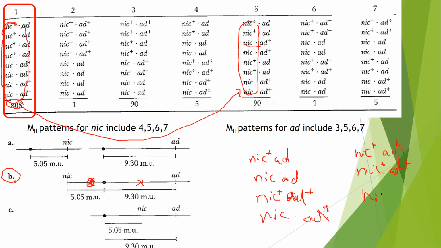Leak, oops, AD, leak, AD plus, right? Is that right? Do we have this pattern here? We have the left pattern. Let me see if we have this kind of pattern. We actually do not have this pattern, right?